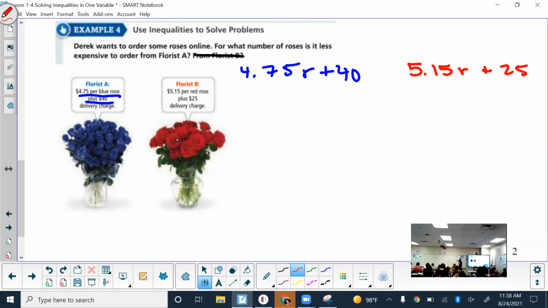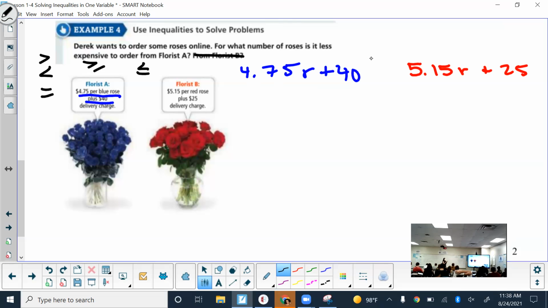Now the question says, for what number of roses is it less expensive to order from florist A? So we want to know when this blue expression is going to be smaller than the red expression. So here are your options for what symbols can go in there. Which one will be used to figure out when this is smaller than this?